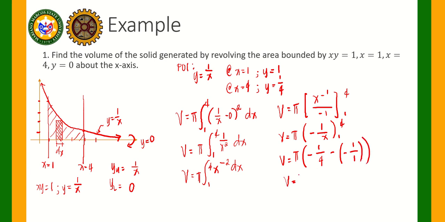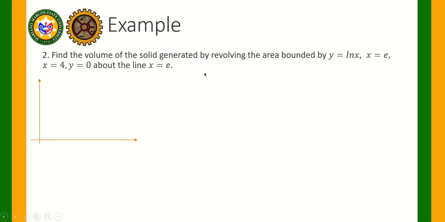And this is equal to, if we simplify this one, we will get 3 pi all over 4 cubic units. So that is how you solve for the volume of a solid generated by revolution. Okay, so that is example number 1.